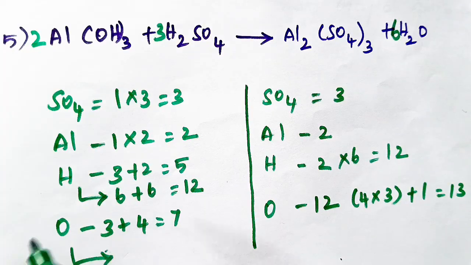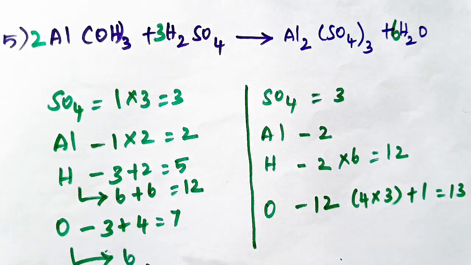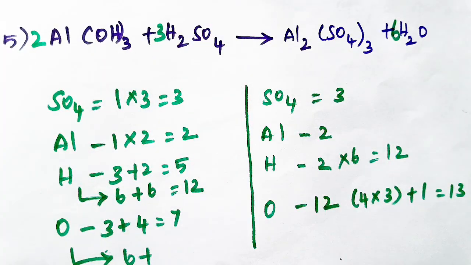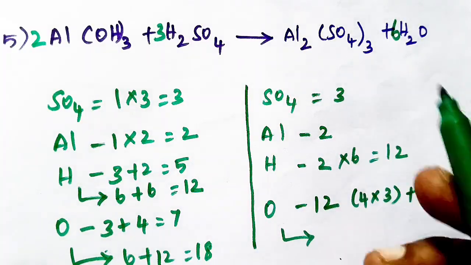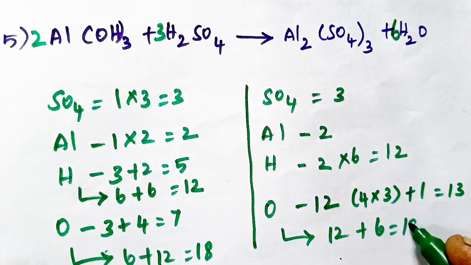Then oxygen, here you have 2, then 3, 2 3s are 6 plus here 3 4s are 12, so 12 plus 6, 18. This side 3 4s are 12 plus this 6 oxygen is equal to 18.